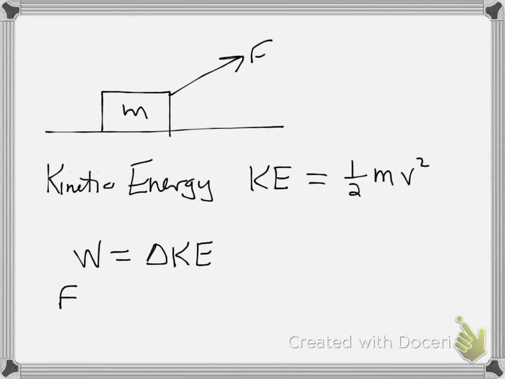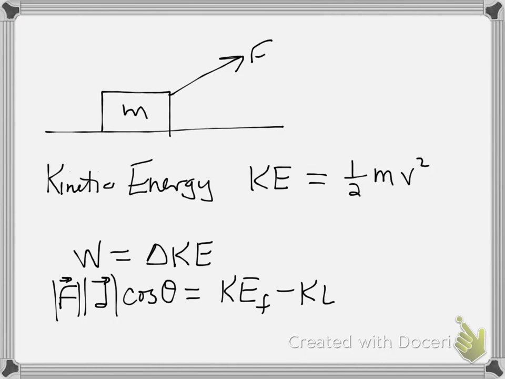So that force times the distance times the cosine of the angle between those two vectors is equal to the final kinetic energy minus the initial kinetic energy. And usually, not always, but usually, in our scenarios, it's not the mass that changes, but the velocity. So that would be 1/2 times the mass times the final velocity squared minus the initial velocity squared.